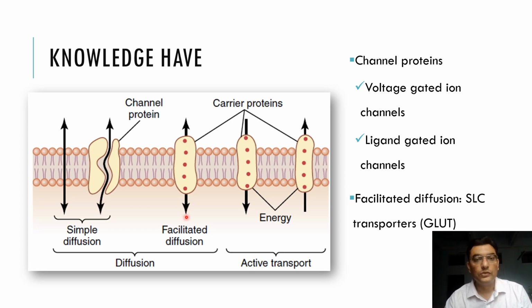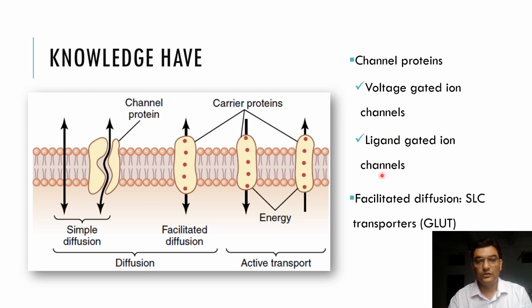So these carrier proteins are of two types. First of all, this is the facilitated diffusion, which doesn't require energy, and facilitated diffusion and simple diffusion are parts of diffusion. Then there are some carrier proteins which require energy, and this is a part of active transport. And we know that there are two important types of channel proteins: first the voltage gated ion channels and second the ligand gated ion channels.